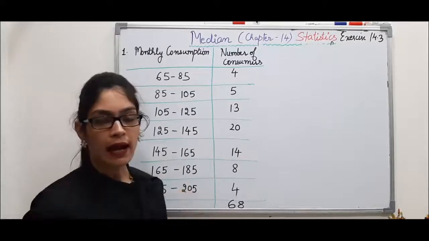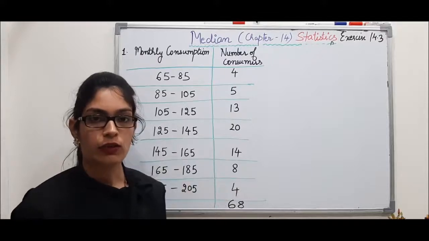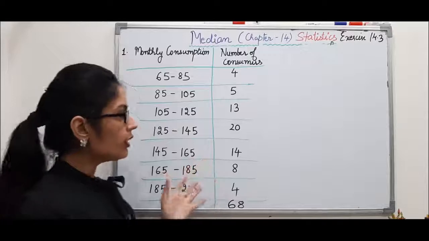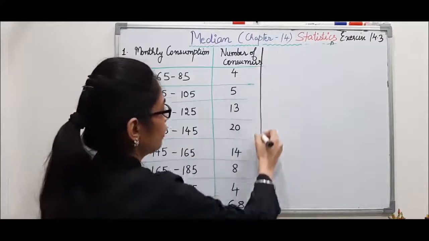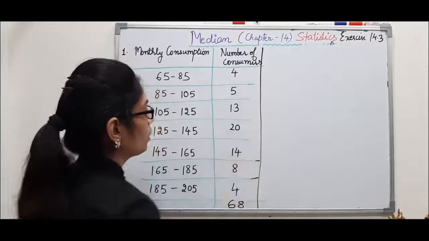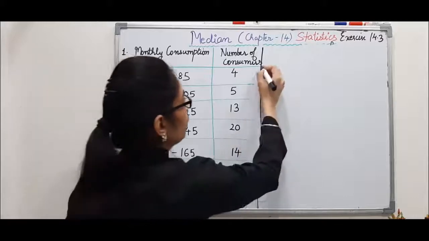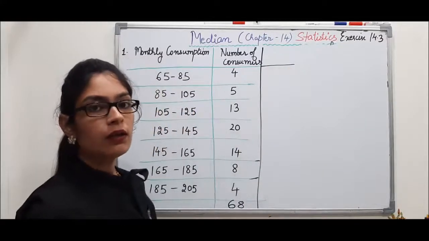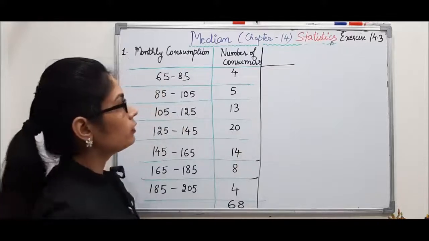Mean and mode you have to find yourself, as I have already explained how to find them. Here I will explain how to find median. You can find the answers for mean and mode and post them in the comment section also.